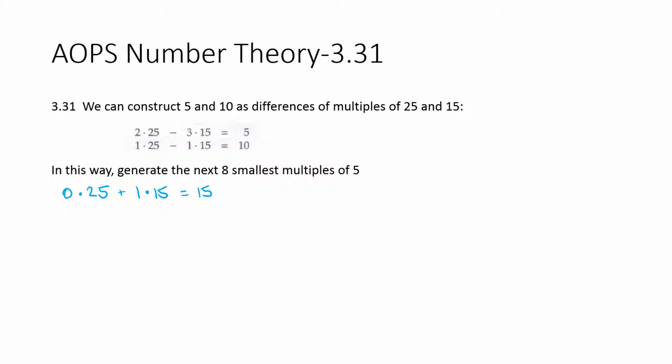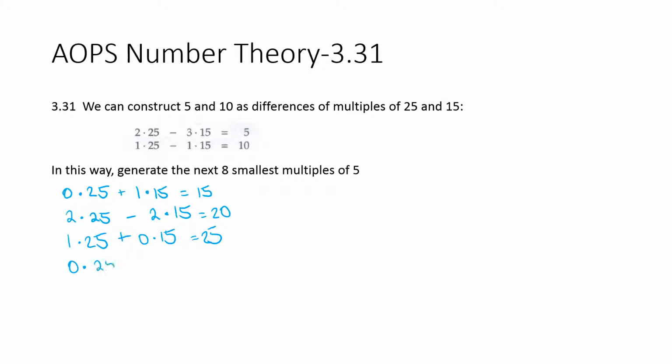And then 2 times 25 minus 2 times 15 is equal to 20. And 1 times 25 plus 0 times 15 is equal to 25.